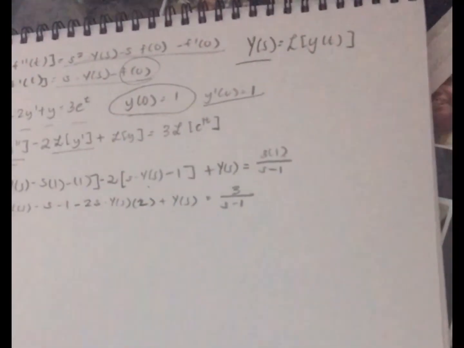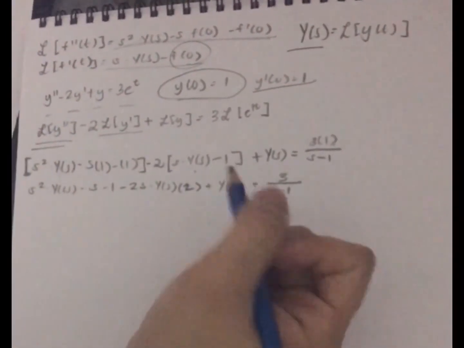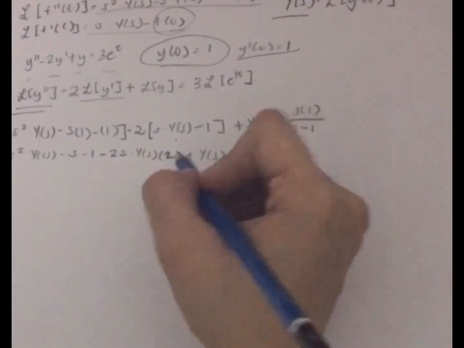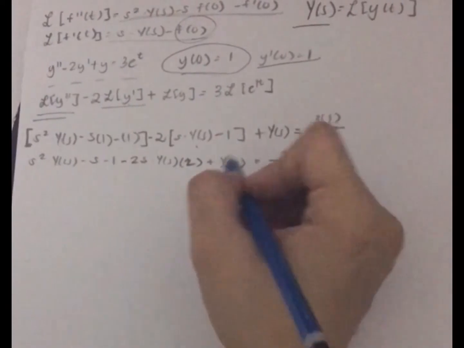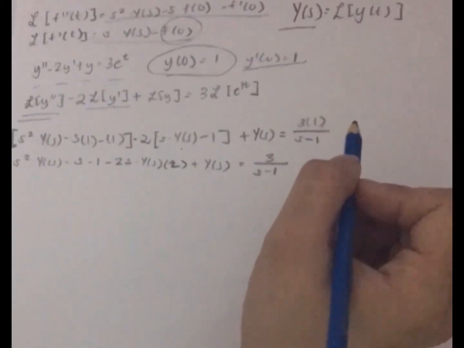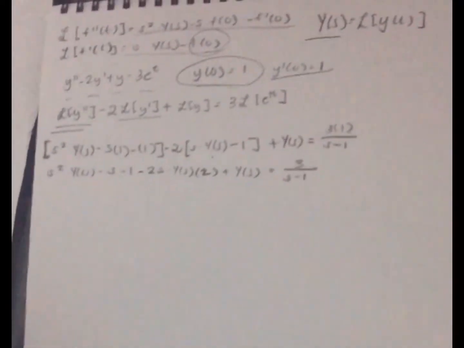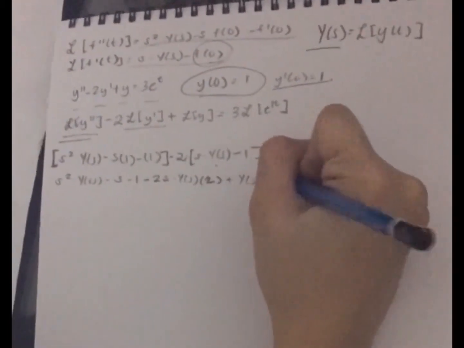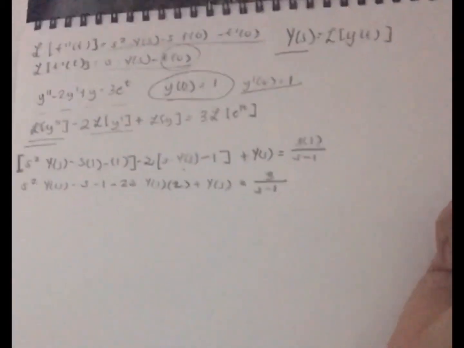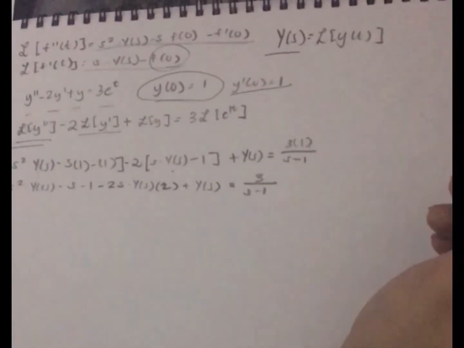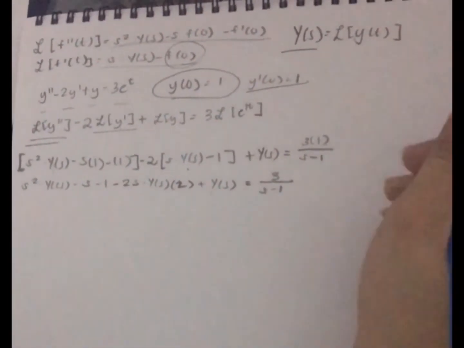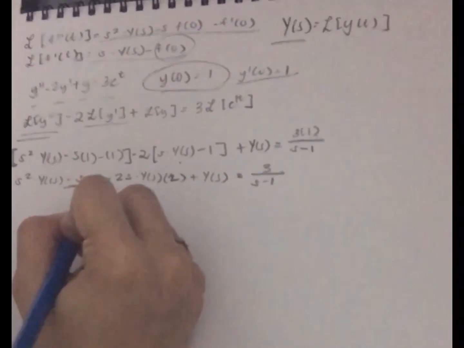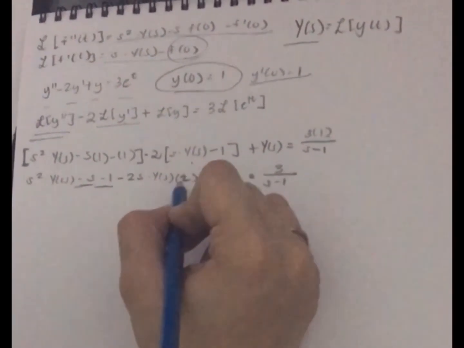Let's combine like terms. And let's just transpose the terms with no y of s as their multiplier, since we should isolate the y of s here to get the values of a, b, and c by partial fractions. So first, let us underline what should be transposed here, and this one.